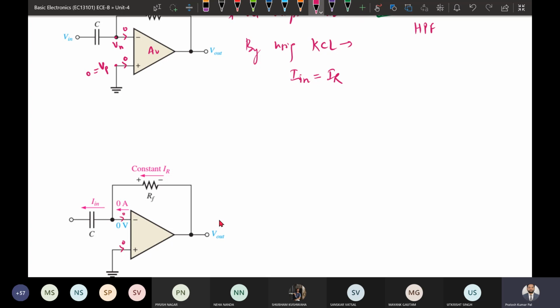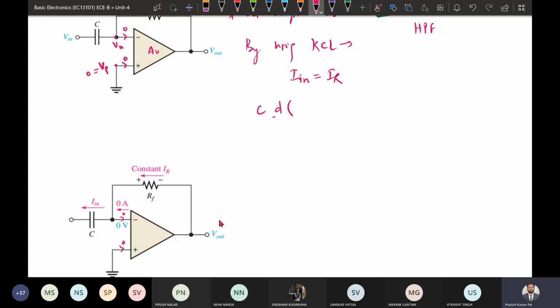Once it is I input equals IR, we will be writing the I input. In case of input, the current we have already seen, like in case of capacitance, the current is C, capacitance, change in voltage divided by change in time.